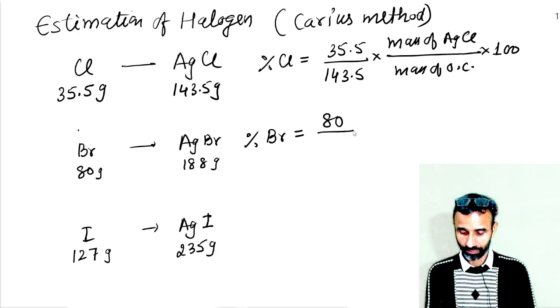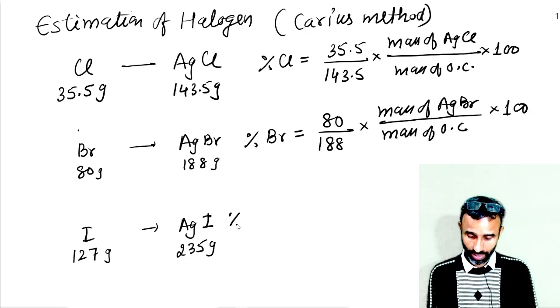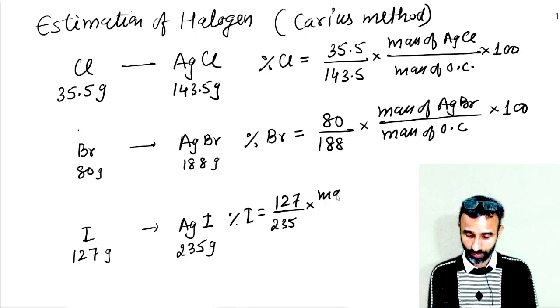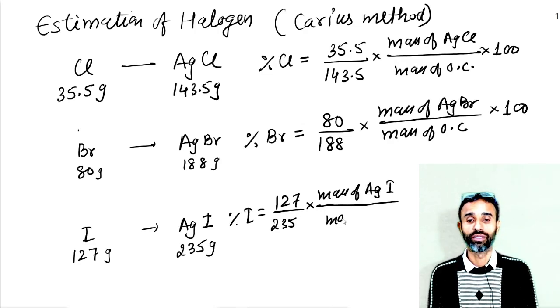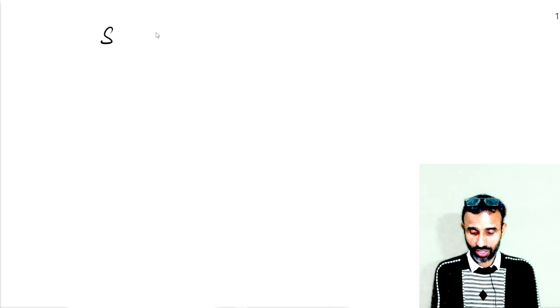Similarly, we just use 80 upon 188 into mass of AgBr upon mass of organic compound into 100. And the percentage of iodine is 127 by 235 into mass of AgI divided by mass of organic compound into 100. On similar lines, sulfur is estimated in the form of barium sulfate.